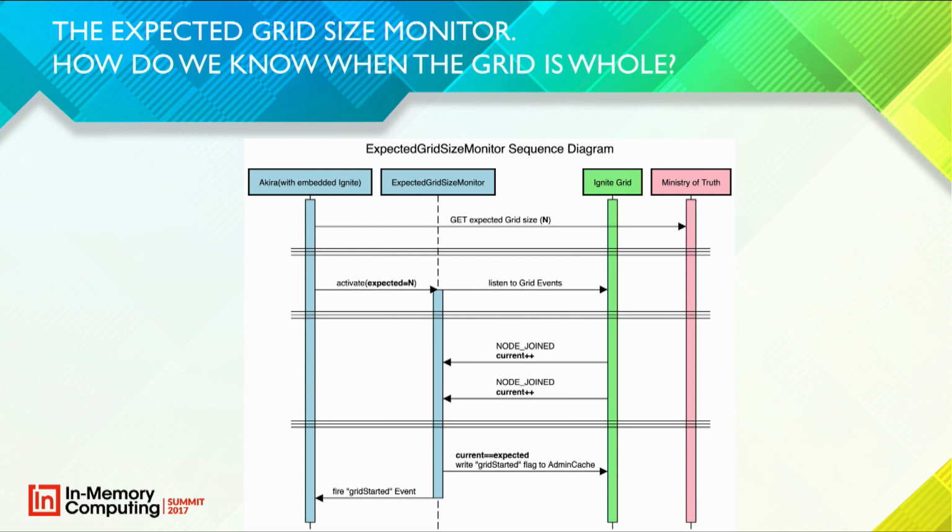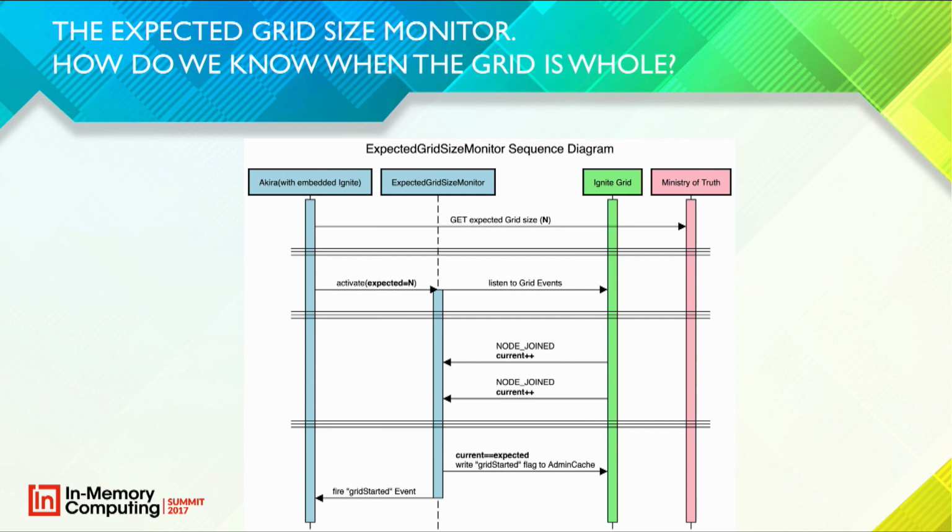There's the truth you intend, like we intend to run 20 nodes, and then there's the real truth, how many nodes are really running, and they're not always the same. In fact, they're definitely not always the same. So we have to ask the Ministry of Truth, how many nodes did you intend to be running here? And so it says 20.